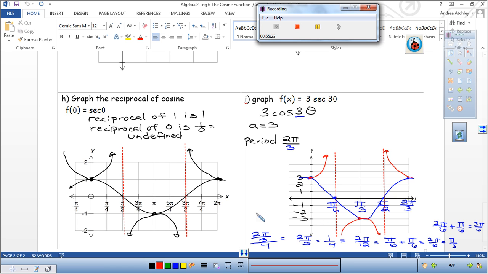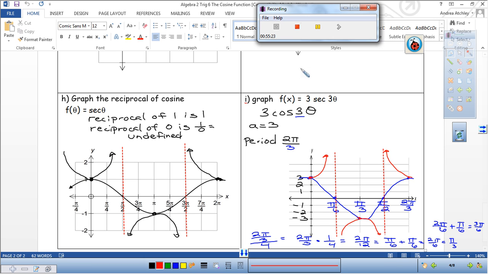Okay, let's get to work on your homework. On the homework it's also asking you for range. The range is like how high and how low it goes, so it's very similar to the amplitude. If you look at number 1 on your homework, what is the amplitude on number 1? 1.